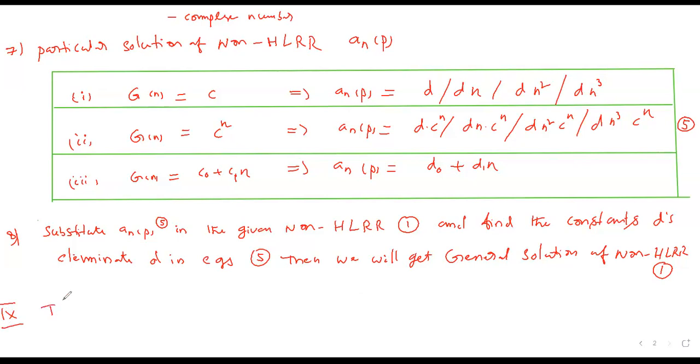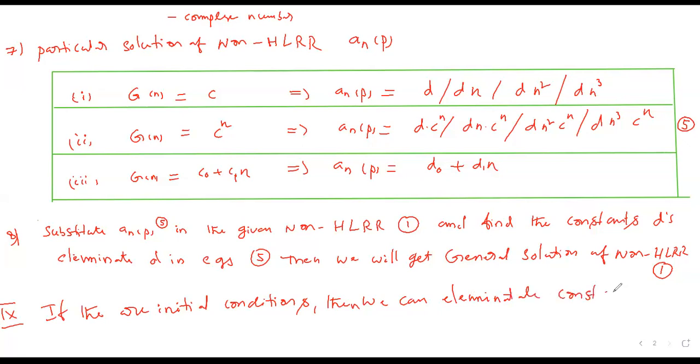The 9th step means if there are initial conditions, then we can eliminate constants in the general solution.